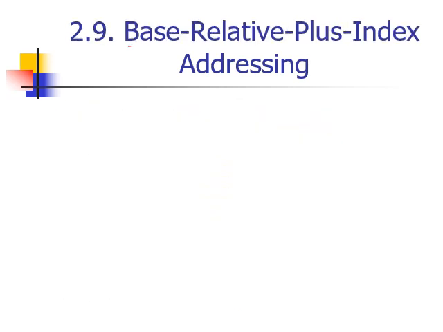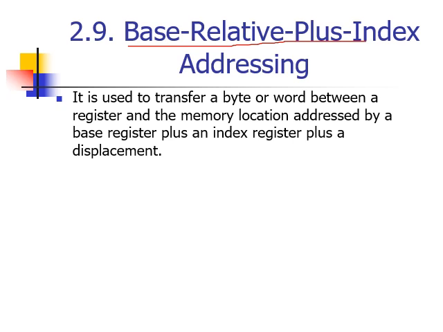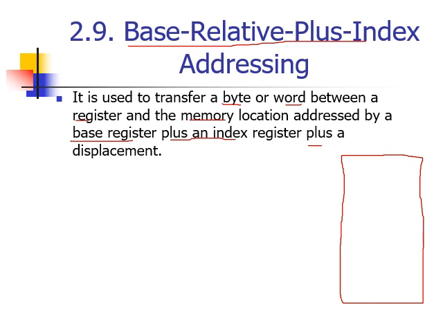Another addressing mode is base relative plus index. So you're trying to transfer a word or a byte between a register and a memory location. This memory location will be addressed by a base register plus an index register plus a displacement. This is used when you have your memory segment as a folder, and inside this folder you have many arrays or many files.